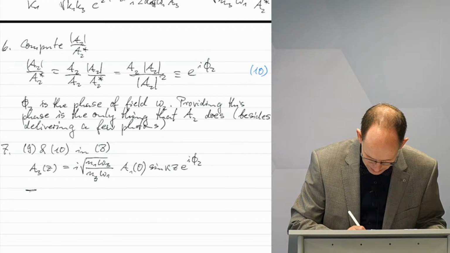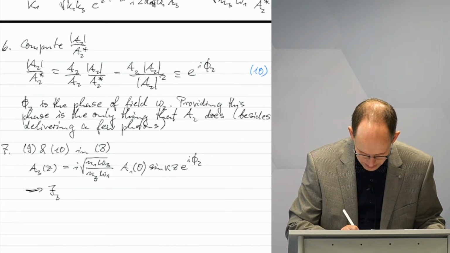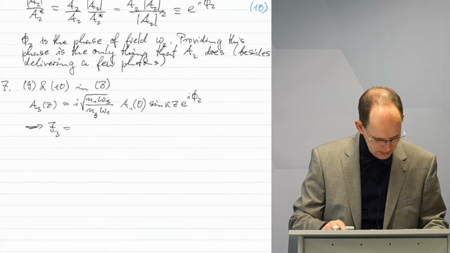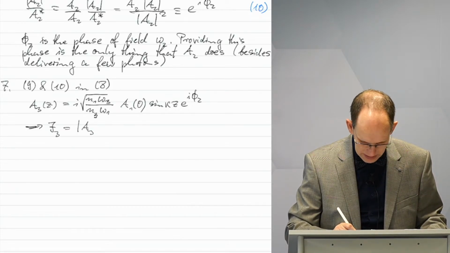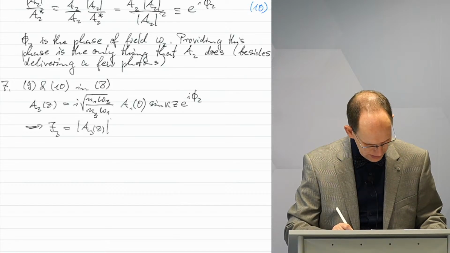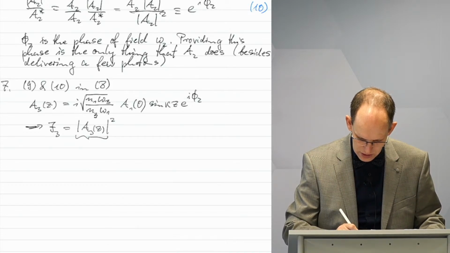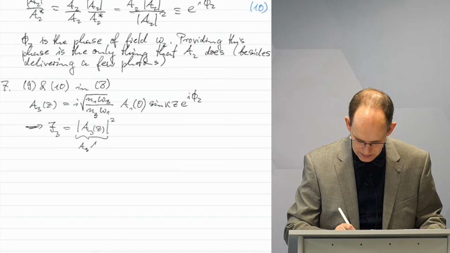If we compute the intensity, then of course the phase will be gone. So we have A3 of Z magnitude squared, which is equal to A3 times A3 star.